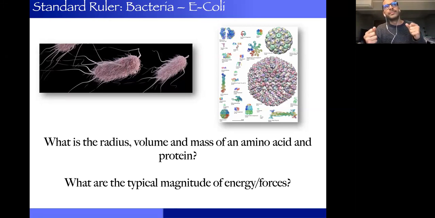Now, why it's really important to have these intuitions in your head is because when you start building theoretical models for biological systems, whether you do it analytically or numerically, it's important to know what the boundary conditions are, let's say the chemical boundary conditions.